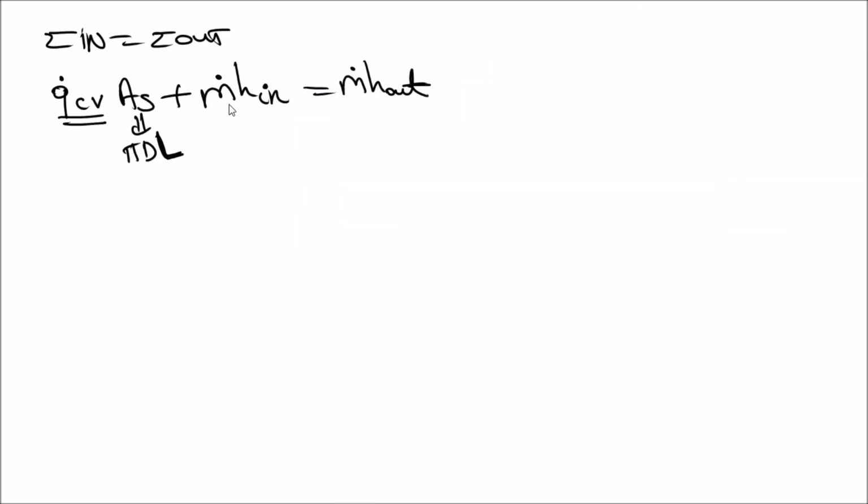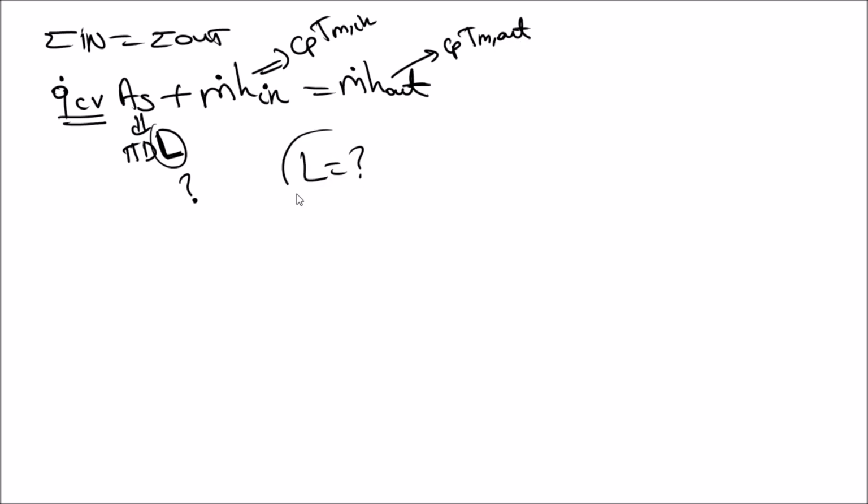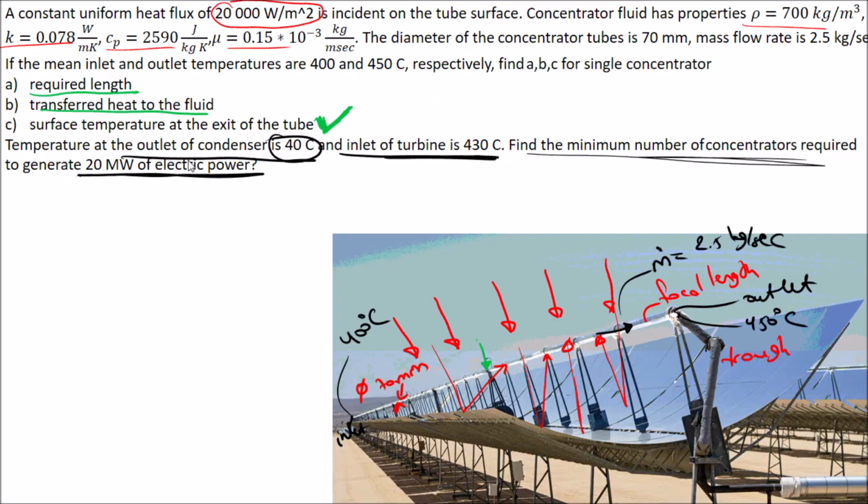Pi d L, m dot I know, L is unknown. I know enthalpy in, that is Cp, temperature at inlet, and enthalpy out, that is Cp, temperature at outlet. From here I can find the length of the tube, because this is the only unknown.